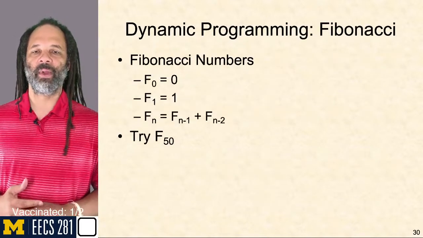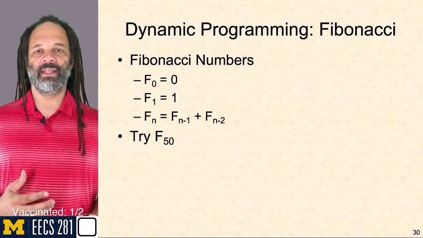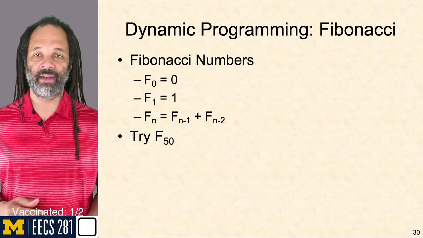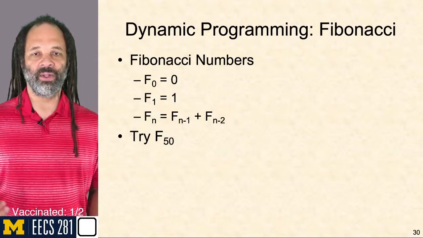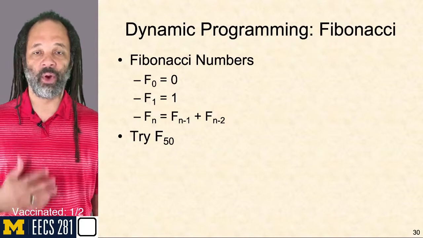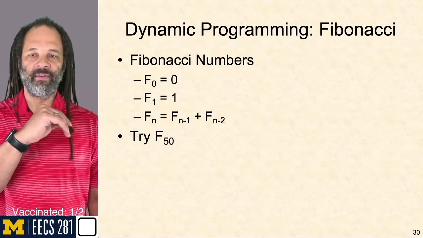Here's our first example, and this is a real simple example. It's Fibonacci numbers. And we use this as a simple example because most people understand Fibonacci numbers. I would probably not in the real world use dynamic programming on Fibonacci, but it's easy enough to explain here. So here's my Fibonacci numbers.